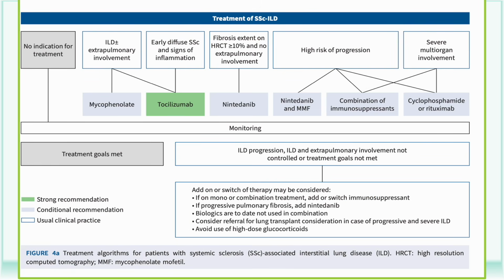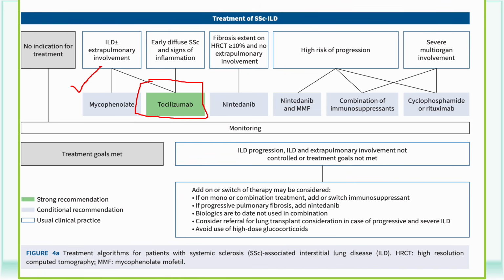So, this is the general flowchart of treatment of systemic sclerosis ILD. Just like 2023, we remember that mycophenolate has been our first line immunosuppressant of choice. So if there is an ILD with or without extrapulmonary involvement in systemic sclerosis, you definitely have mycophenolate. But this time, there's also a very strong recommendation for tocilizumab.